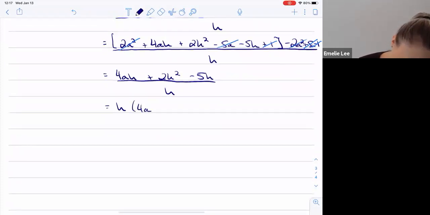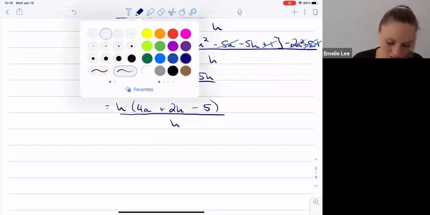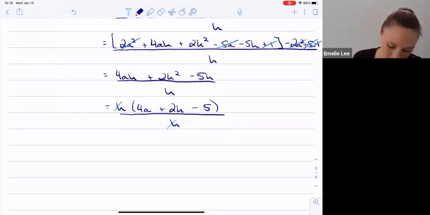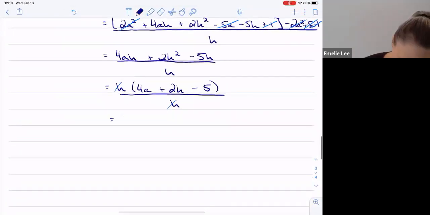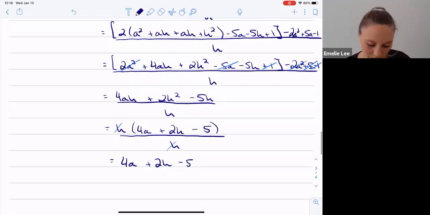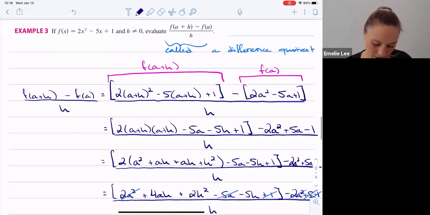So 4a plus 2h minus 5 over h. And then I'm going to cancel it. That's just a way to check myself. So now what I'm left with is 4a plus 2h minus 5. And that's it.